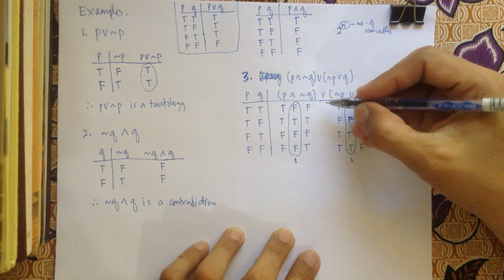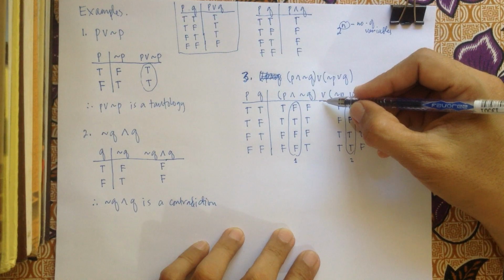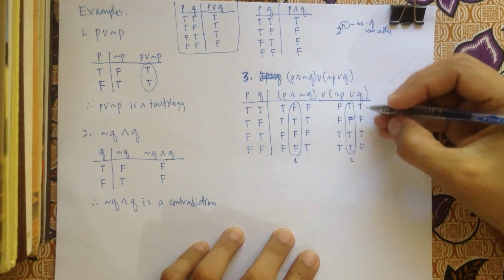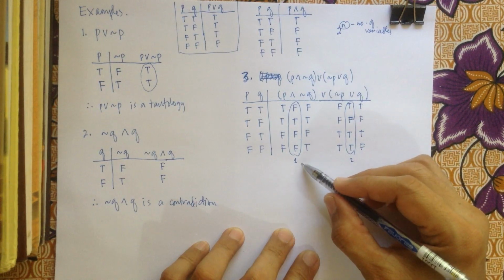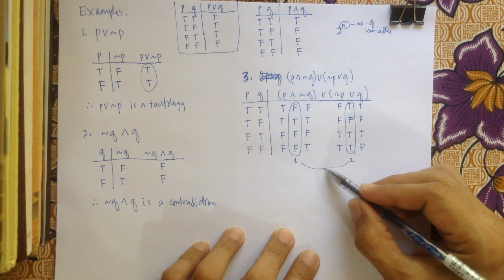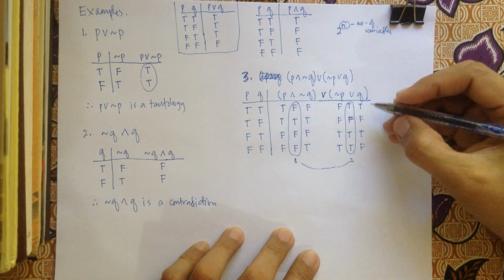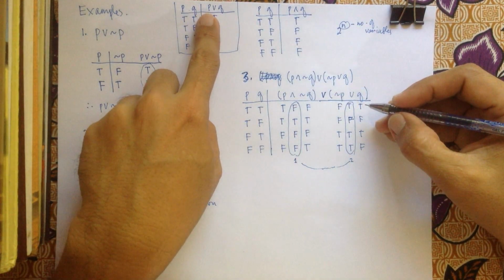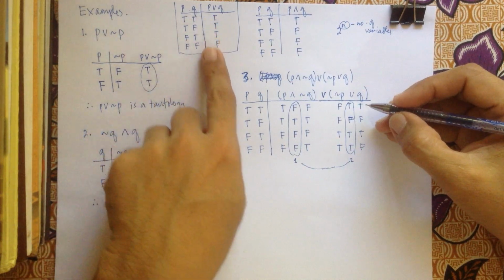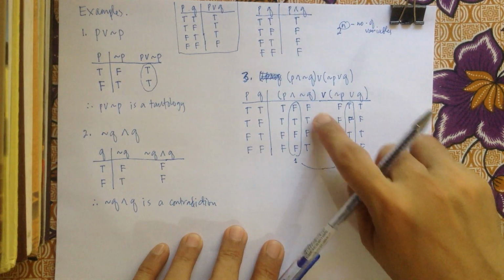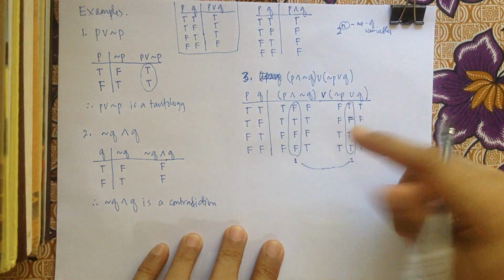Now for our final column, which will represent the truth table for our propositional form, we will relate column number 1 and column number 2. And the connective here is or. Again, according to the basic truth table of P or Q, there is only one instance that this is false.